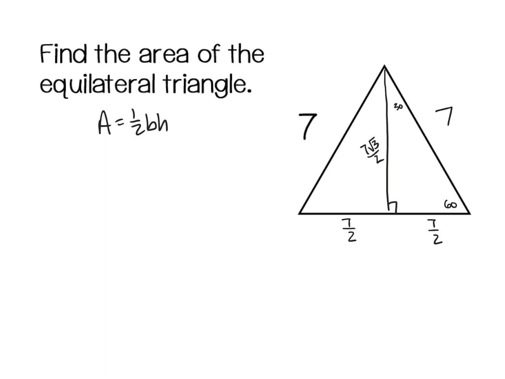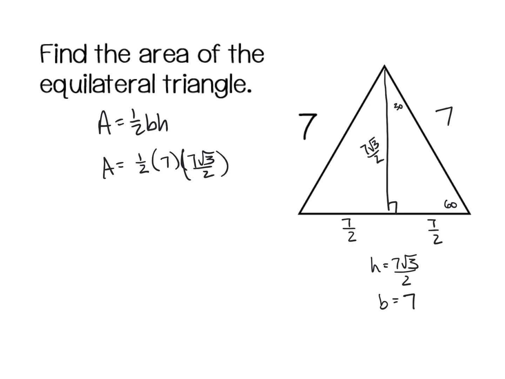All right, so now my height was 7 radical 3 over 2. My base is 7. So my area is equal to 1/2, my base is 7, my height is 7 radical 3 over 2. You're welcome to type this into your calculator.